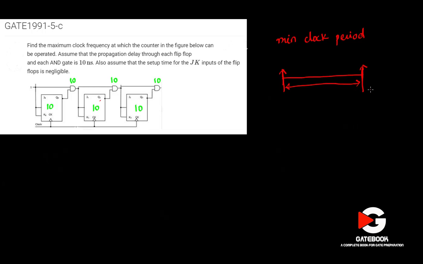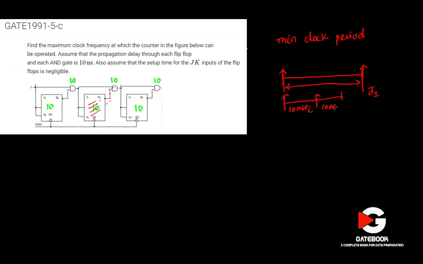For example, to give input to J2, we need some sufficient time. That means we are taking input for J2 from Q1's output, correct? So when are you going to get Q1's output with respect to this point? From this point, after 10 nanosecond, once this flip-flop works, it gives you output Q2 and Q1, and that Q1 will go through this AND gate, which takes 10 more nanosecond.